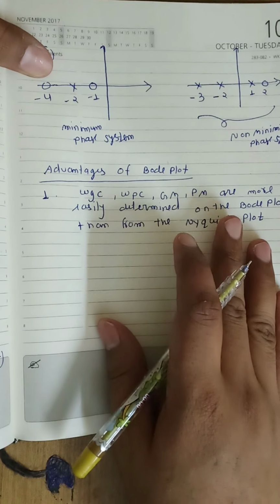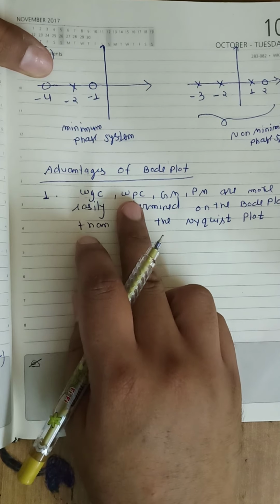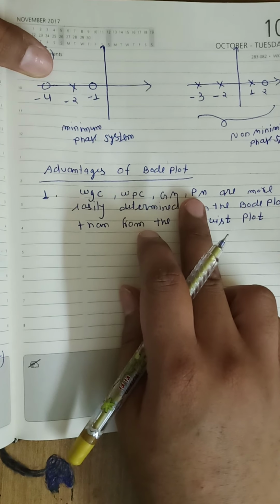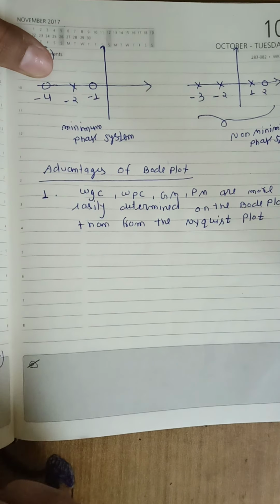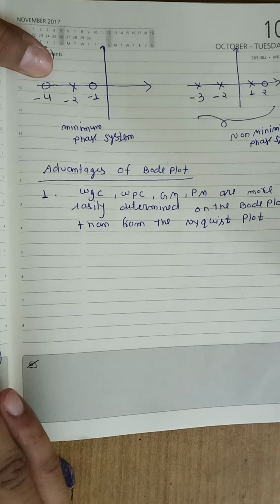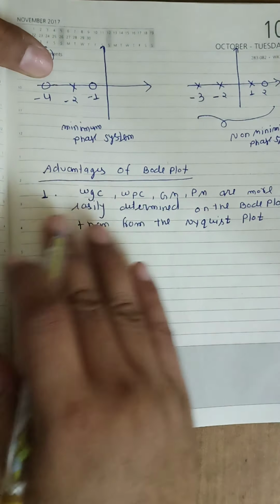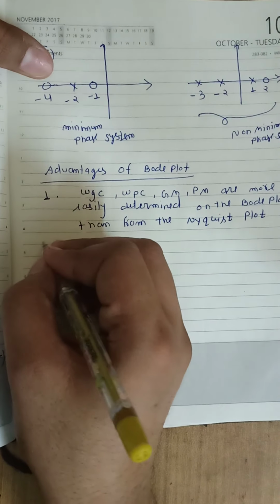Because with the help of the Bode plot we can directly determine them. But in Nyquist we have some formulas for calculating the gain crossover frequency and phase crossover frequency, and after that we can calculate the gain margin and phase margin. So in the Bode plot we can easily calculate the frequency domain parameters.